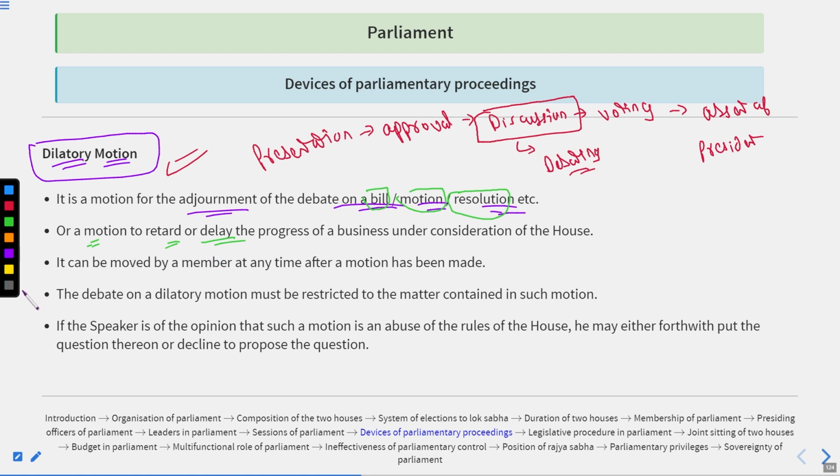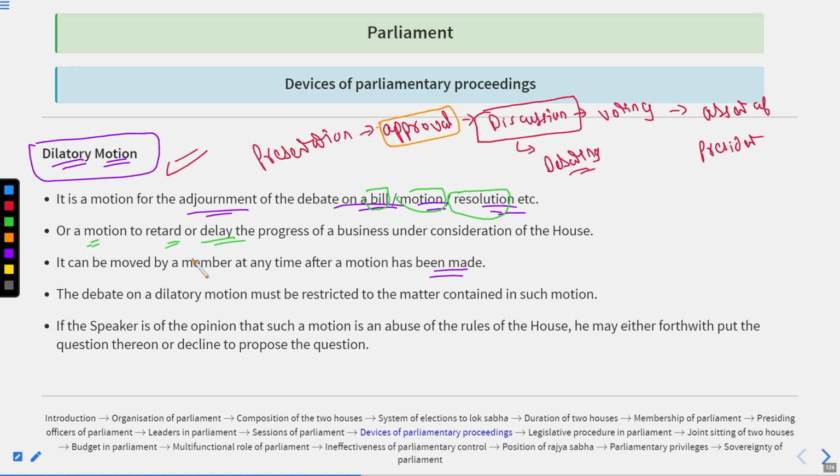It could be moved by a member at any time after a motion has been made. It means that once the approval has been granted, like we know the motion could only be made once the presiding officer admitted or permitted it.